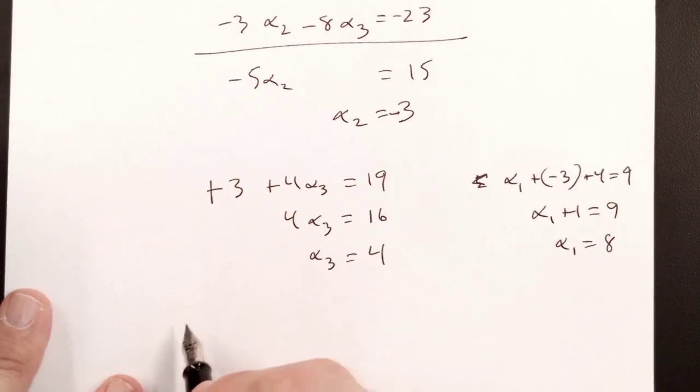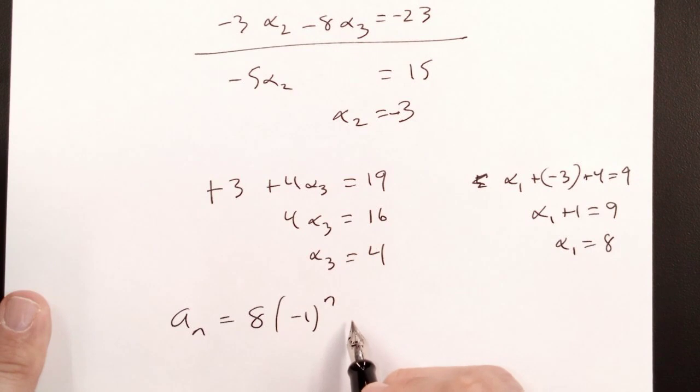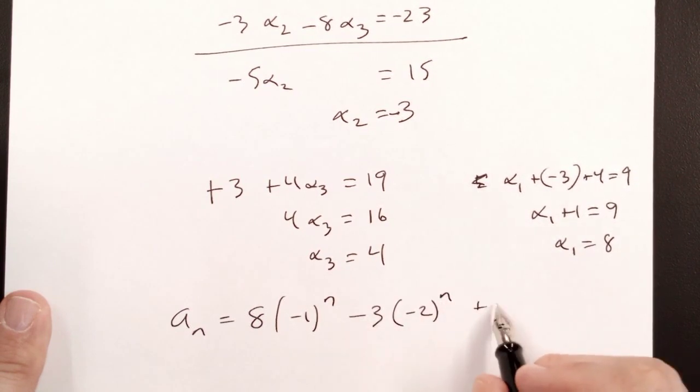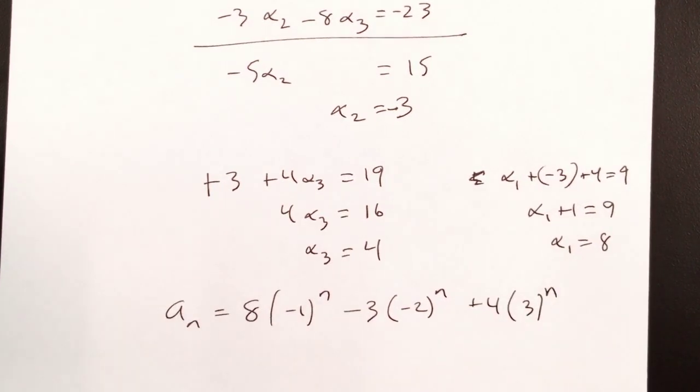So AN is 8 times negative 1 to the n minus 3 times negative 2 to the n plus 4 times 3 to the n. Still not very fast, is it? How many of you have ever studied matrices? Or understand that the matrix has nothing to do with counter roots?